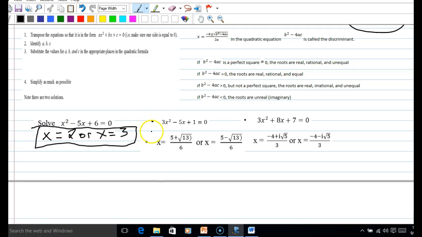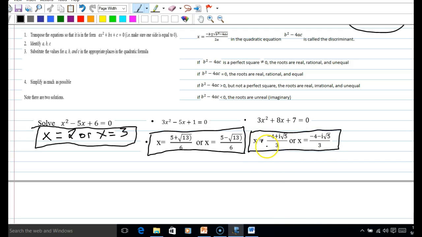In the second example, both solutions were real, but they were irrational. And in the third example, both solutions were unreal, which means that they were imaginary.